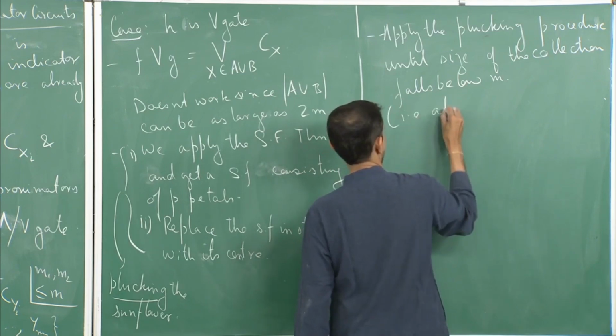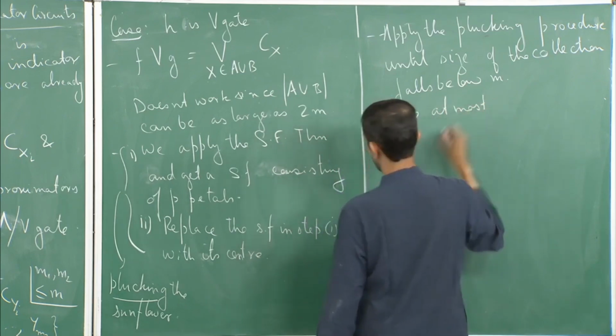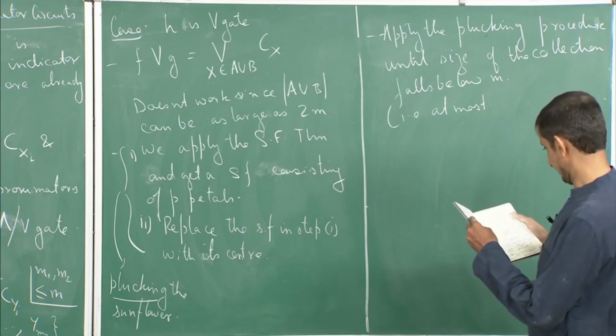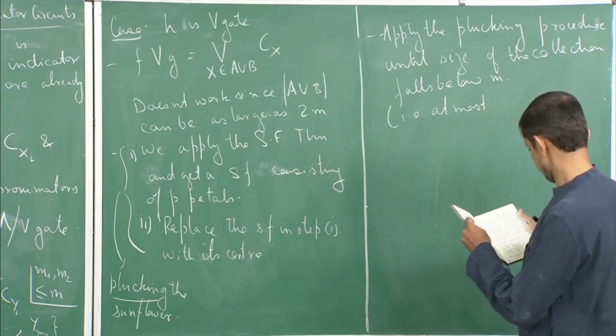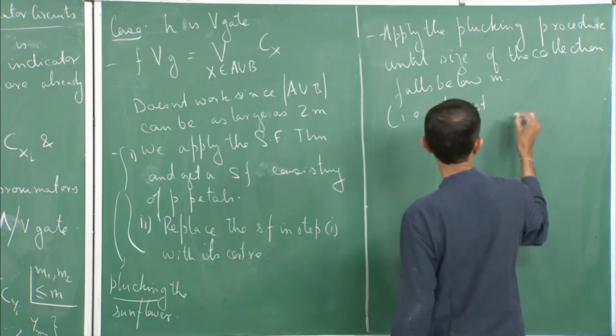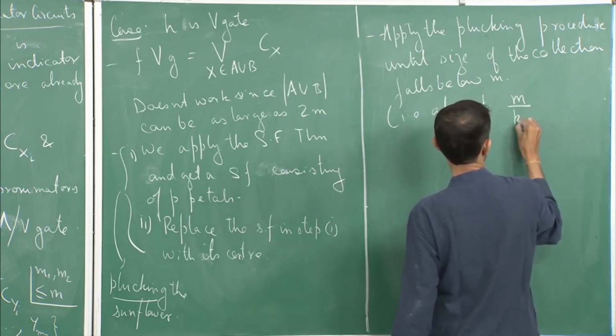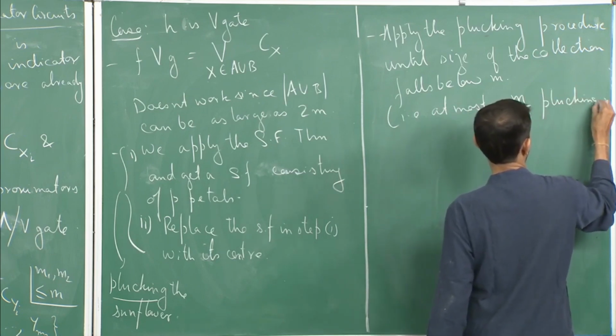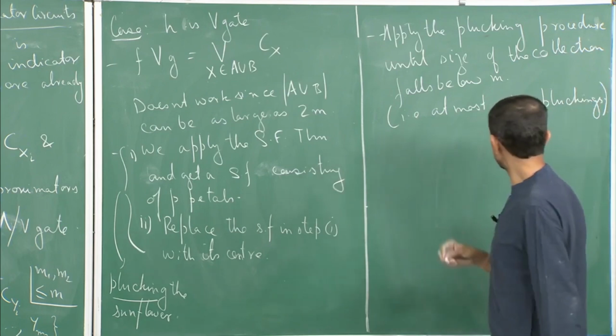That is at most how many times? So, I had it over here. Yeah, m by p minus 1 pluckings. So this is easy to see.